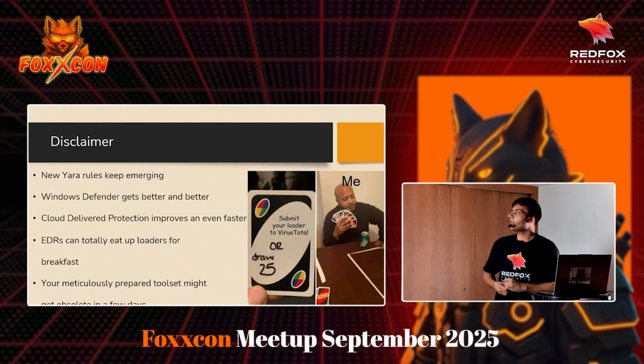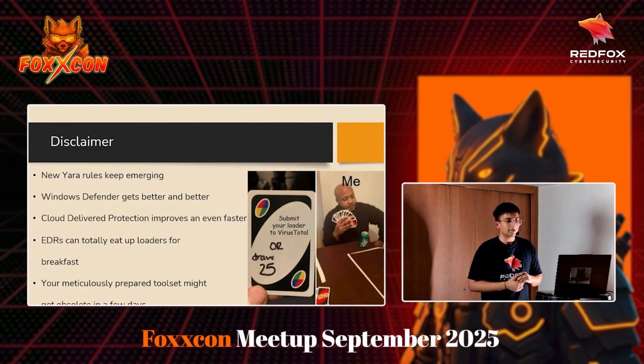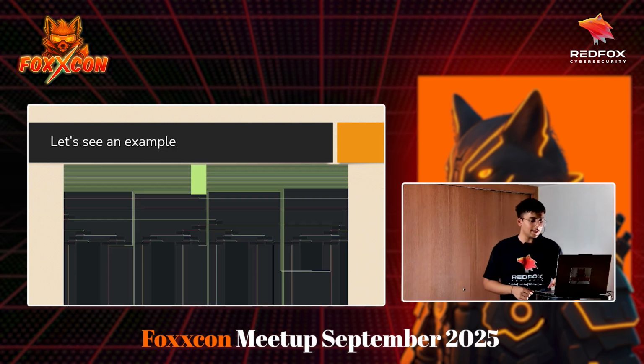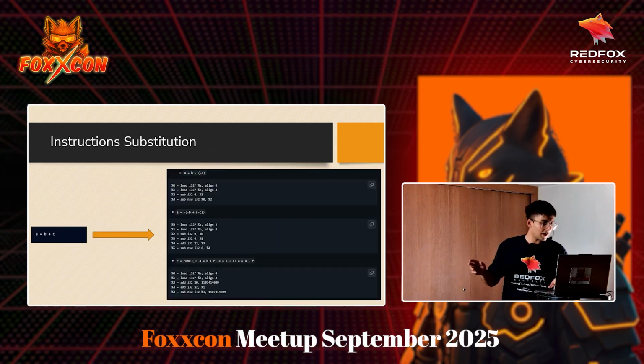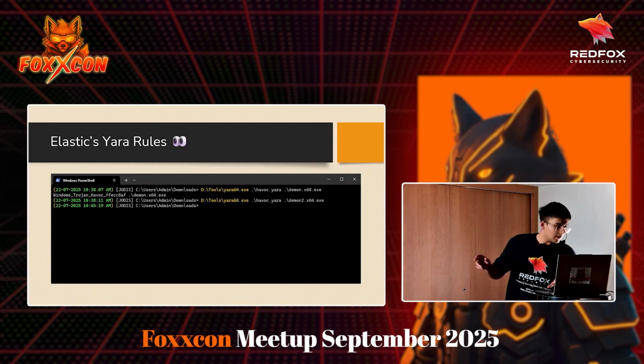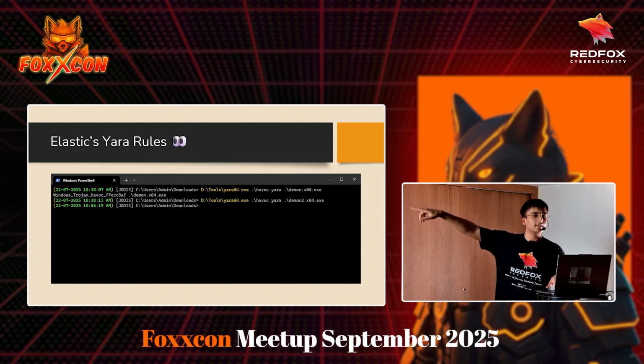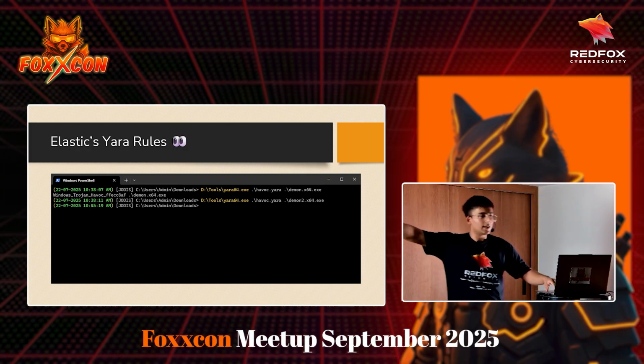Windows Defender gets better and better very quickly, right? For example, when I was originally creating the material for it, it's July, right? When I'm testing all this out, the timestamp says July.